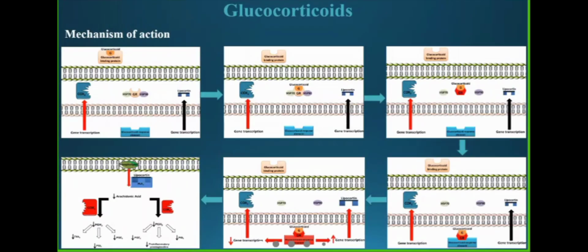Now, this lipoprotein will bind to the phospholipase A2 enzyme, which is responsible for converting phospholipid into arachidonic acid. So this will decrease the production of arachidonic acid and eventually decrease the inflammatory response. This is how glucocorticoids decrease the inflammatory mediator response.